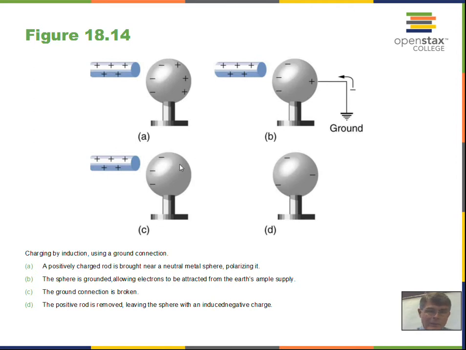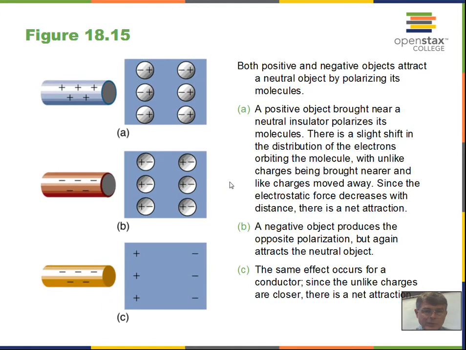And then there would be a net positive charge left when we're done with the charging by induction process, because some electrons were pushed down to the ground. Then we break this ground connection, and the object would have fewer electrons than before. It would be a net positive charge. That's charging by induction. You always get the opposite sign of charge.